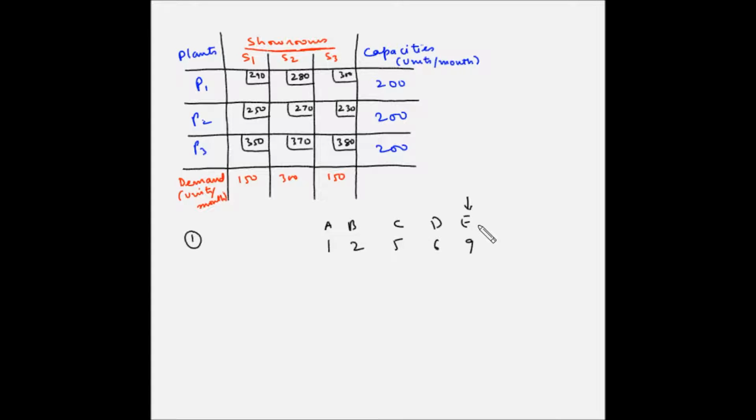Now let's say we want to find the minimum value and still get the solution as E. How can we get that? So one of the options is, let's subtract all these numbers by 9. So 9 minus 1 is 8, 9 minus 2 is 7, 9 minus 5 is 4, 9 minus 6 is 3, and 9 minus 9 is 0.